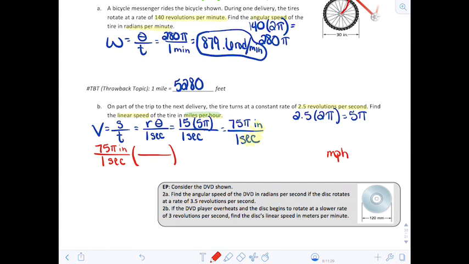I know there are 12 inches, which we want on the bottom, opposite the 75 pi inches, in every 1 foot. And then I'm going to put 5,280 feet on the bottom for every 1 mile. This way my inches cancel, my feet cancel, and I am left with miles.